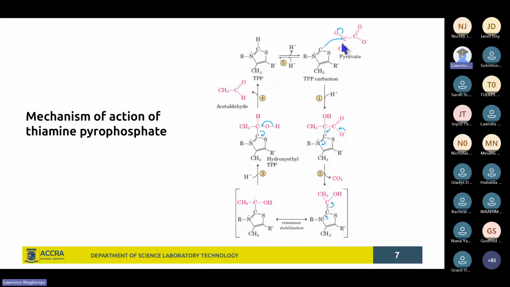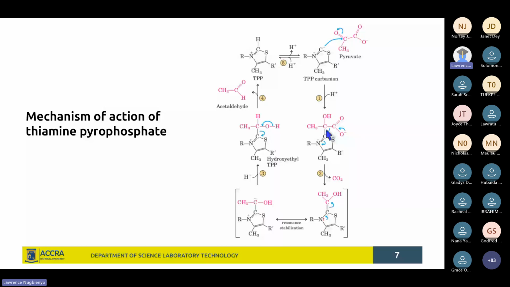And what you do see is that now pyruvate, which is the substrate, is now bonded to the thiazolium ring. So that is the coenzyme that you now have the substrate sitting on it. The substrate is bonded to it.